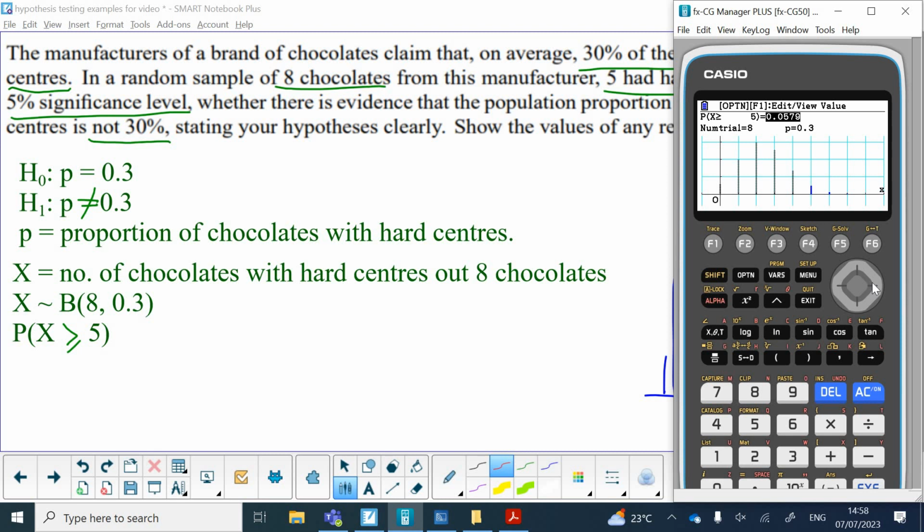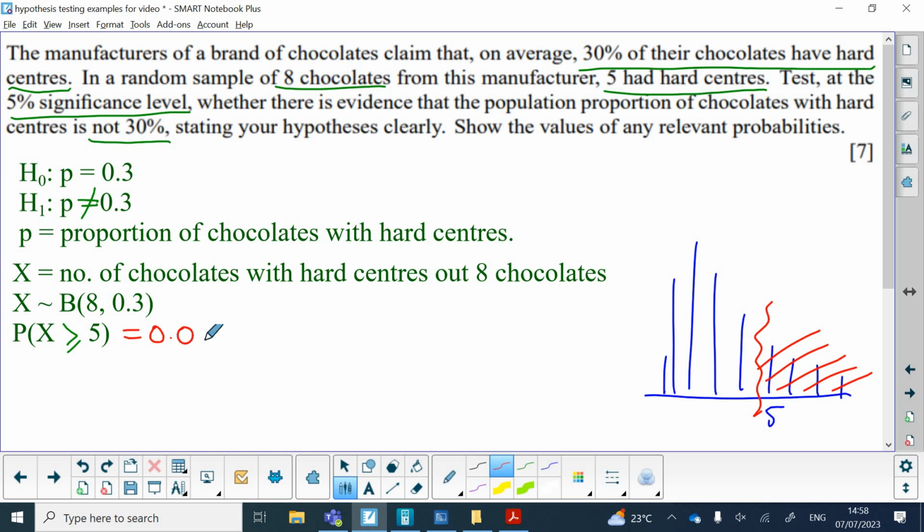The chance of getting something at least as big as 5 is 0.0579. I'm going to press Options and F1 to check if it's truncated, because when it truncates, it's not rounding, it's just truncating. So when I report this probability, I need to round. So that's going to be 0.0580.